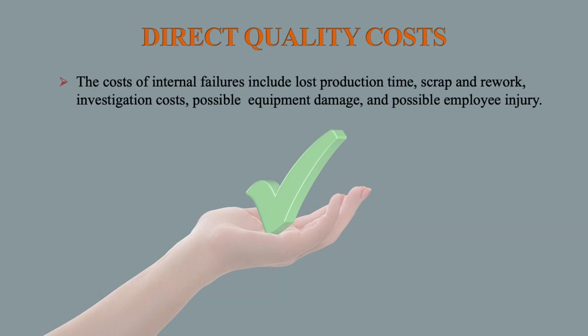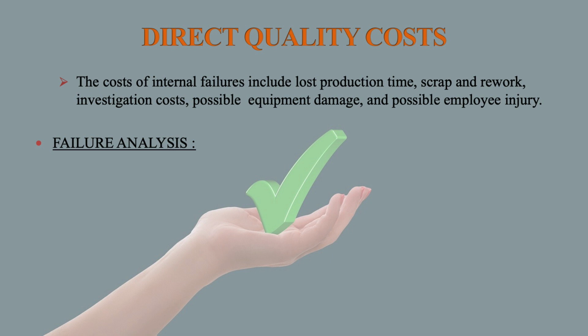The costs of internal failures include lost production time, scrap, rework, investigation cost, possible equipment damage, and possible employee injury. These all occur in the industry itself, so that's why we call it internal failure cost.